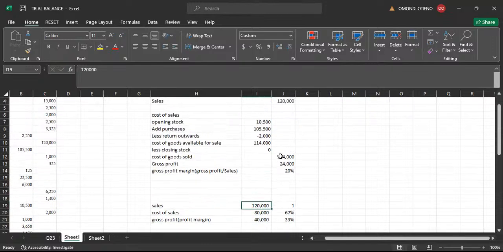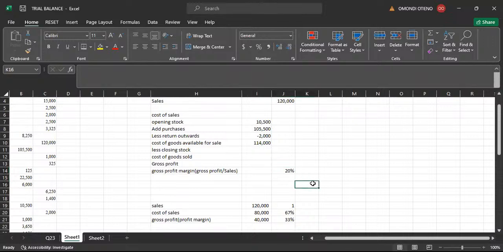Now we do not know all these things. The only thing we know is that we only have sales and we have gross profit margin. So if we take gross profit and divide by sales, we are going to get 20% or 0.2.